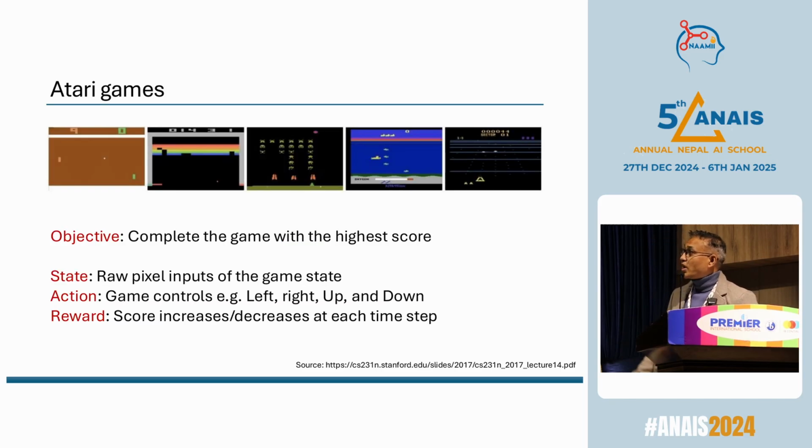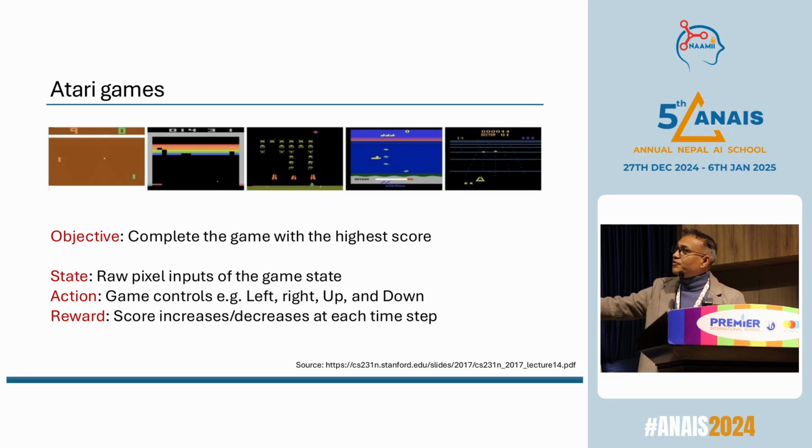Now let me move to another one. So if you look at all these games here, what is the objective? You have to complete the game with the highest score. That is the objective. These are all Atari games. What is the state? The state is the raw pixel inputs of the game state.